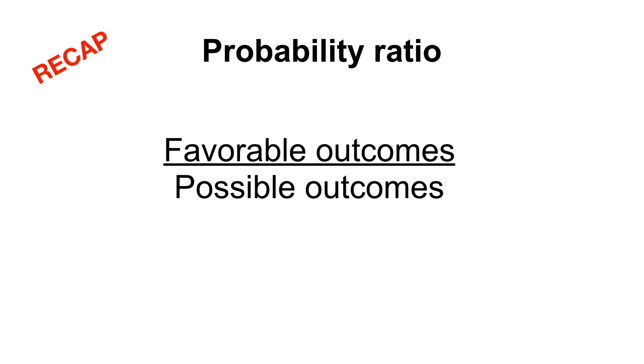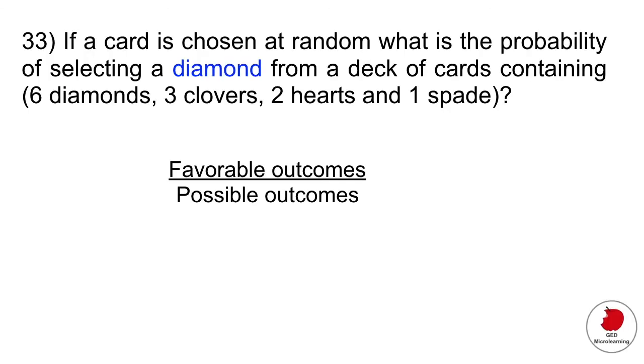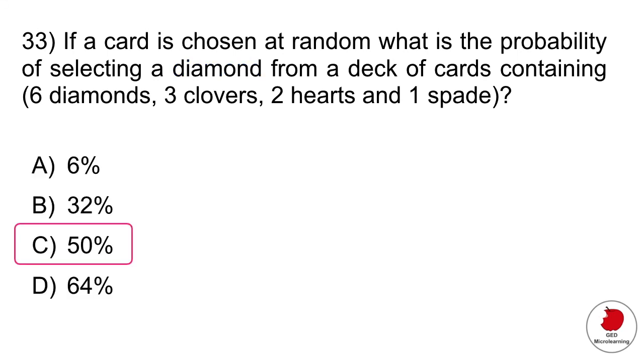Whenever you're trying to figure out a probability, you take the favorable outcome, or what you want the outcome to be, divided by all the possible outcomes. In this case, the favorable outcome is diamonds, and there's 6 diamonds, right? And there's a total of 12 cards. So it would be 6 divided by 12, which is 1/2 or 50%.